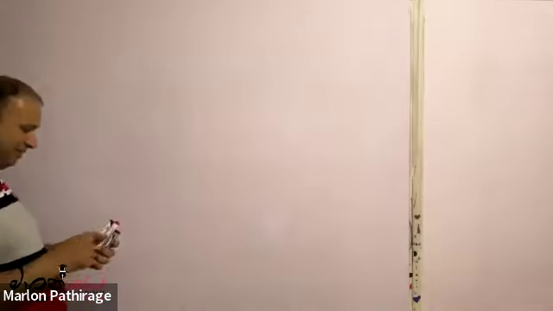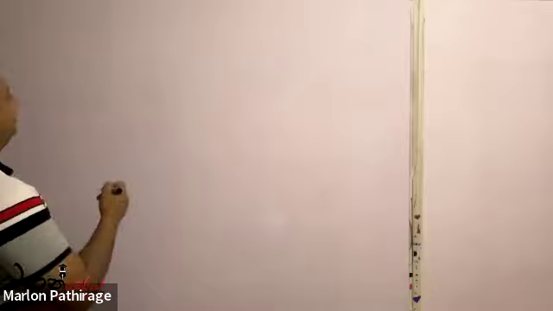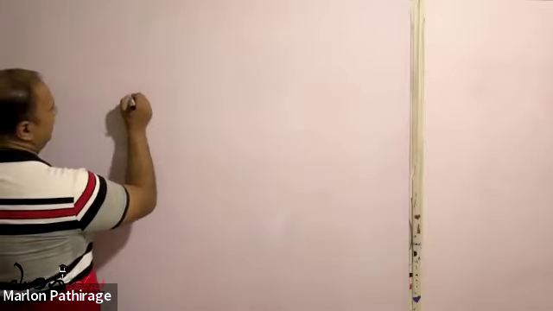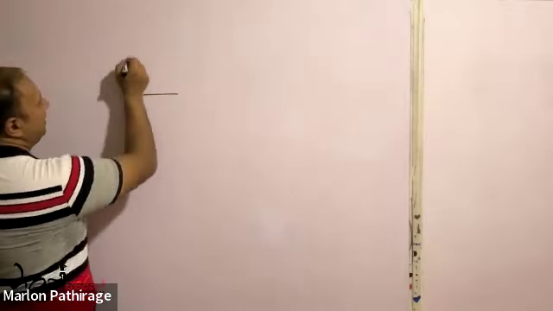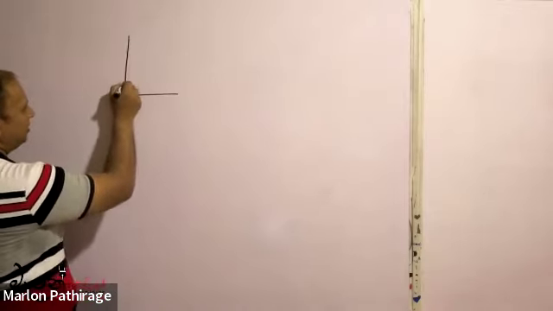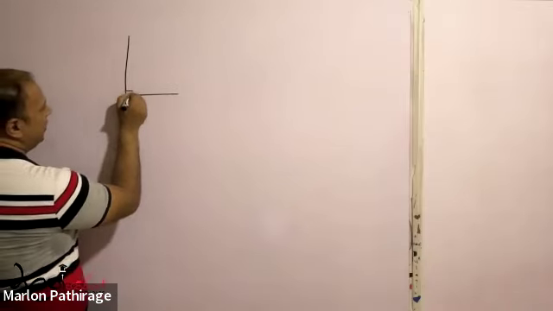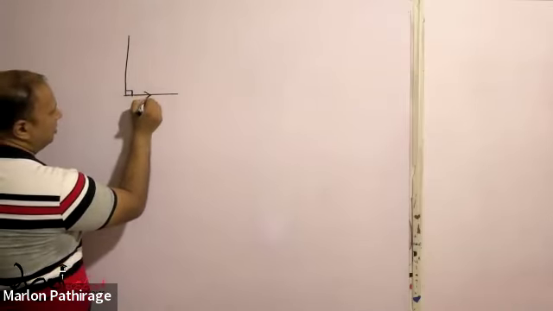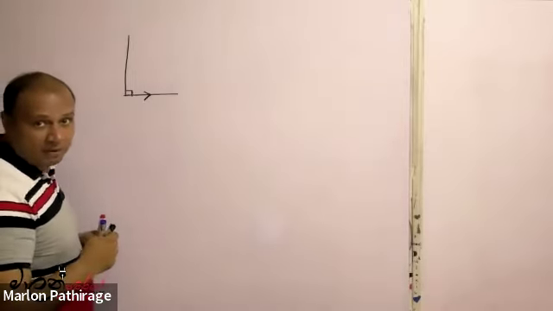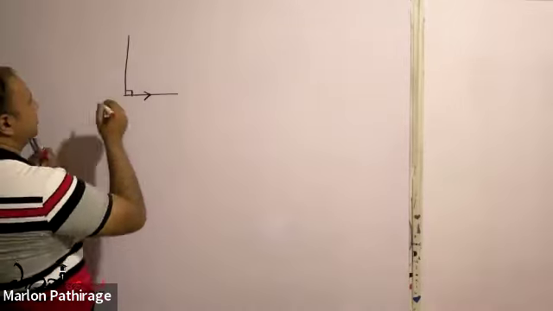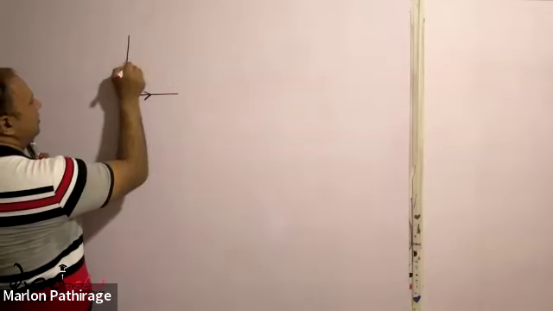Look at this side. This is the smaller force, and this is the resultant force. The resultant force is perpendicular to the small force. So this one is the resultant force.